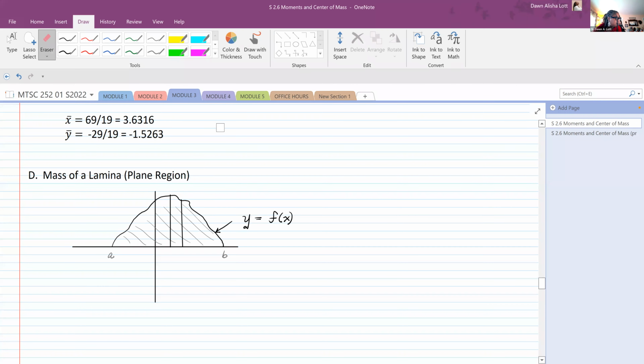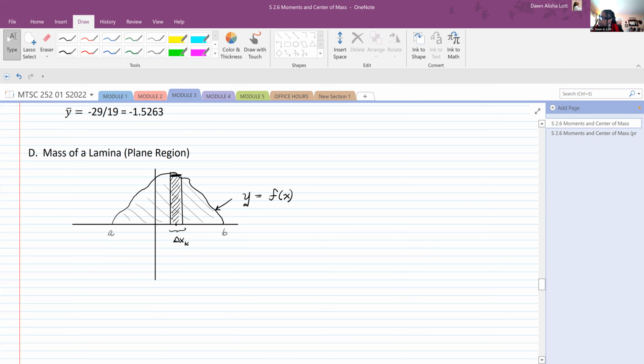So the average x might be here, so that I'm going to approximate my f of x. So this now is delta x k, and there's some x k in the middle and its function value. Yeah. So now I have this.